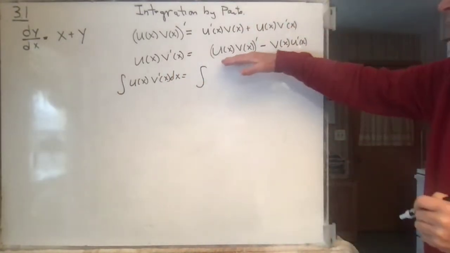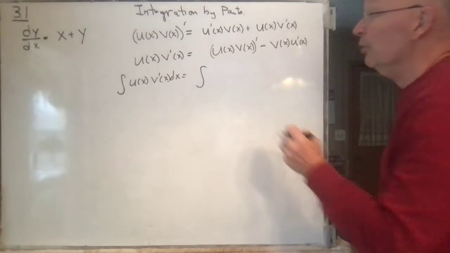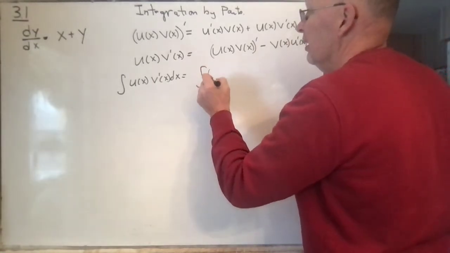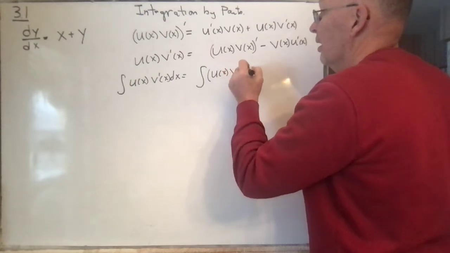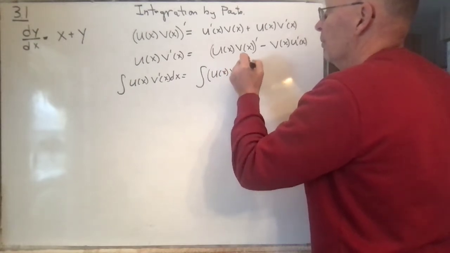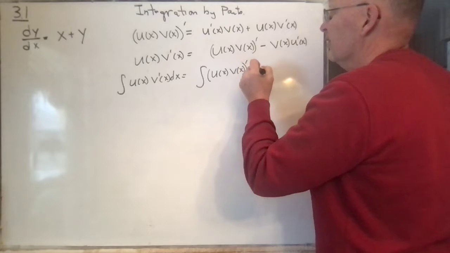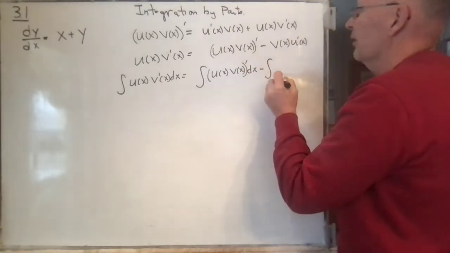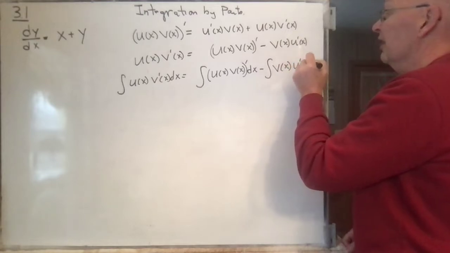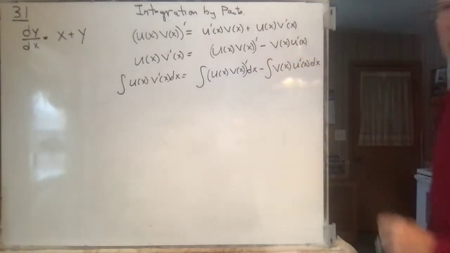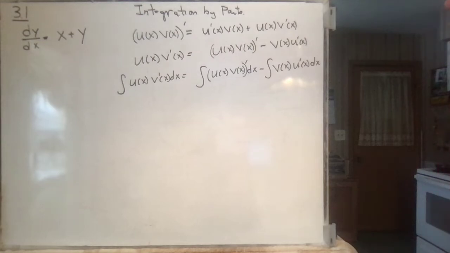And here I'm going to break this up and take the antiderivative of each one, which of course we can. I'm going to write it as the antiderivative of u of x, v of x, product prime, dx, minus the antiderivative of v of x, u prime of x, dx. Okay, are you all with me?